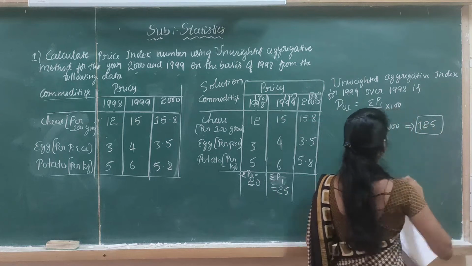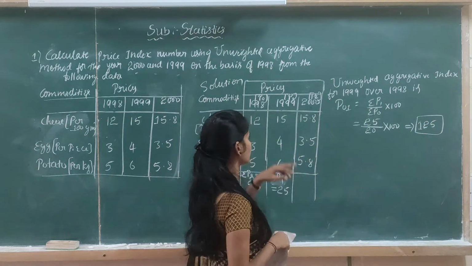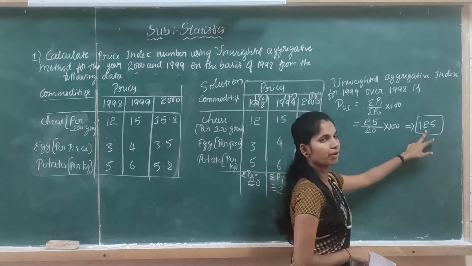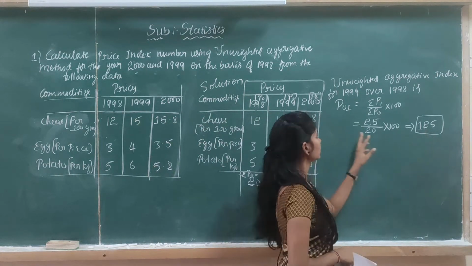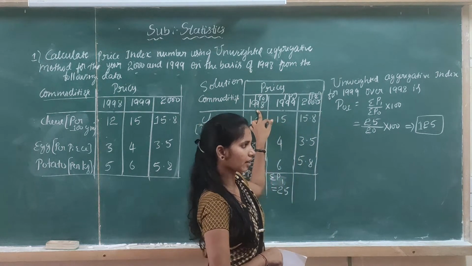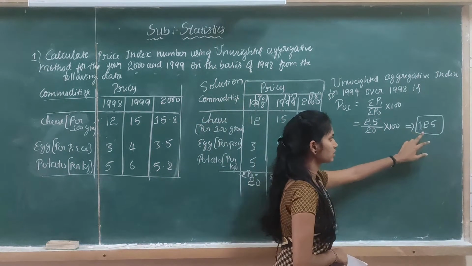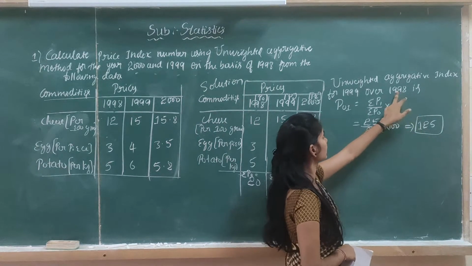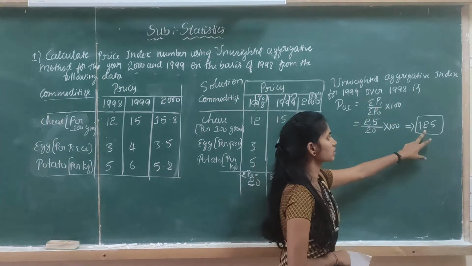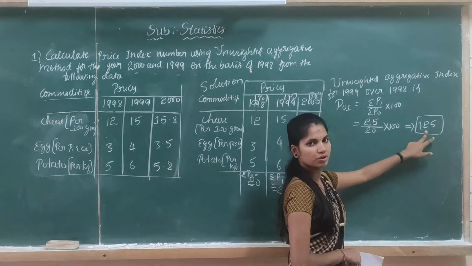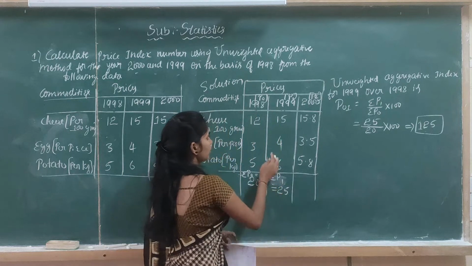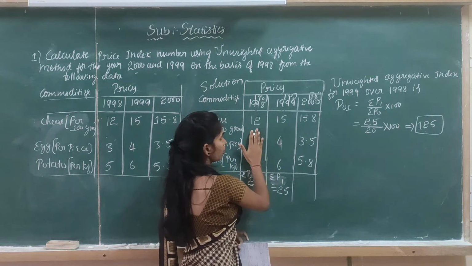Here the prices for the year 1999 increased by 25% as compared to the base year 1998. The conclusion is that the prices for the year 1999 increased by 25% over the base year 1998.